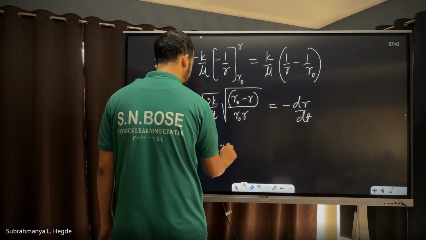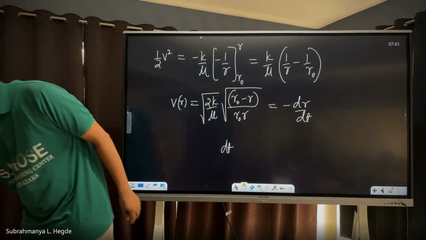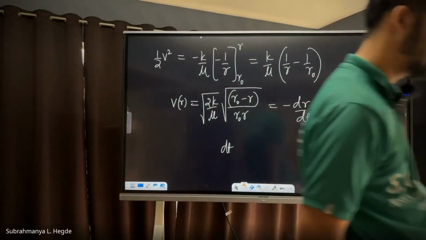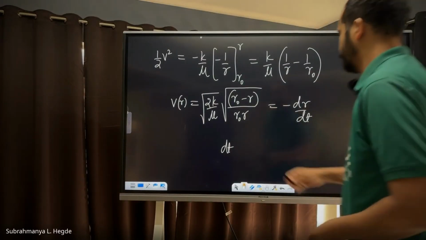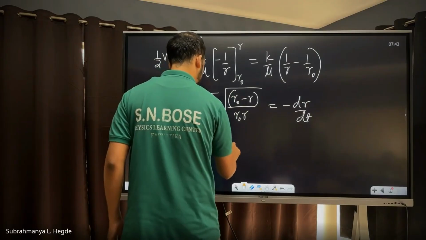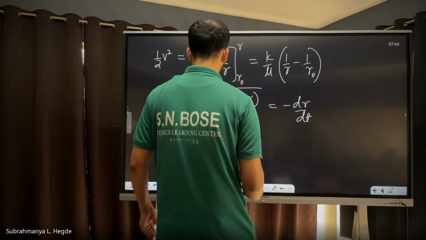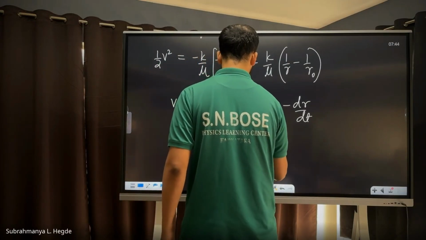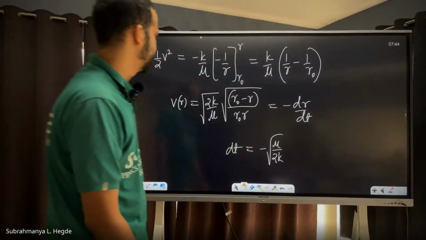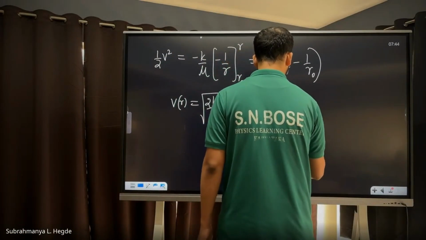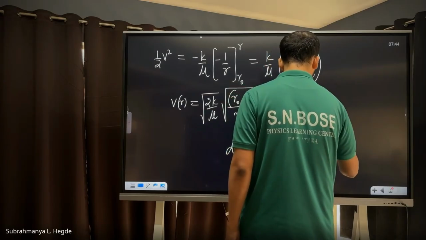So dt is equal to minus root of mu by 2k, root of r naught r divided by r naught minus r into dr. Can you check this out?